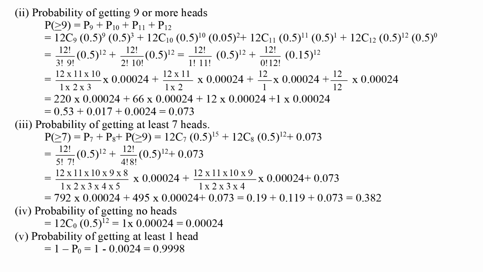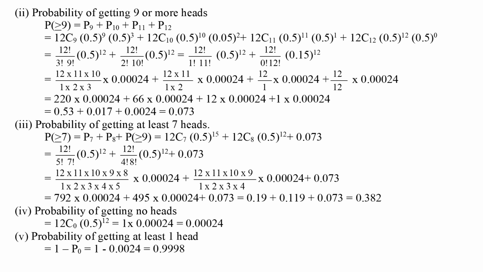Equals 792 by 0.00024 plus 495 by 0.00024 plus 0.073 equals 0.19 plus 0.119 plus 0.073 equals 0.382. IV.